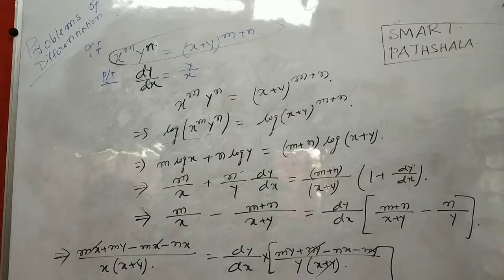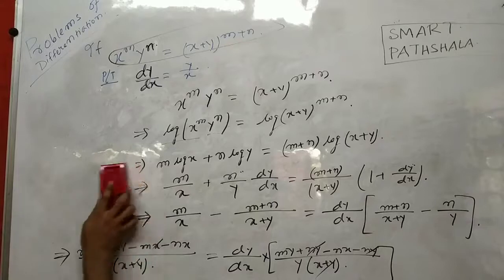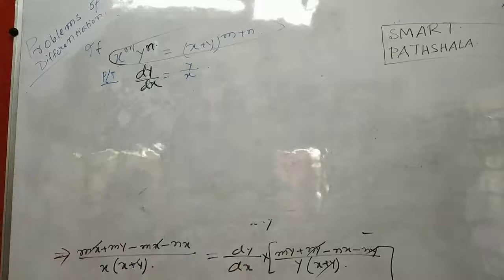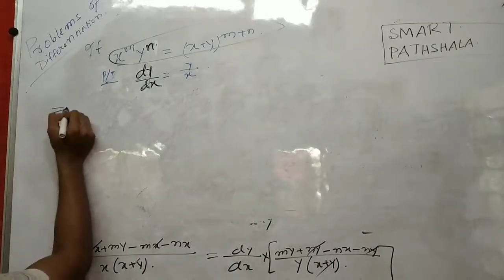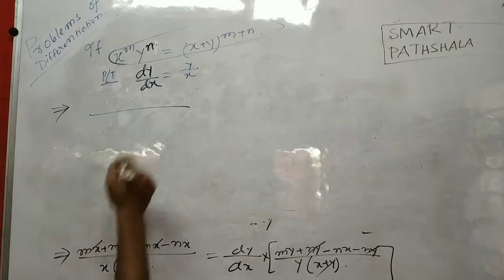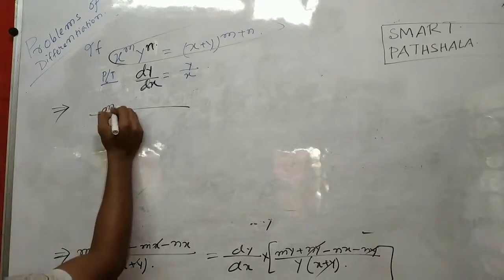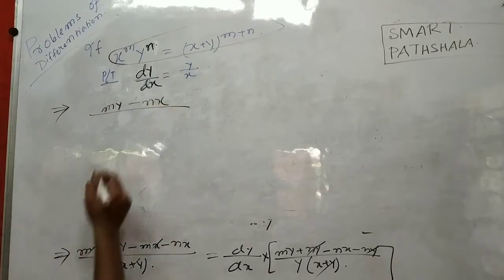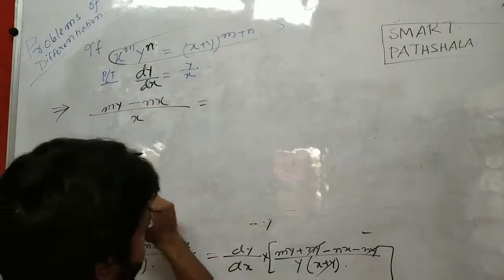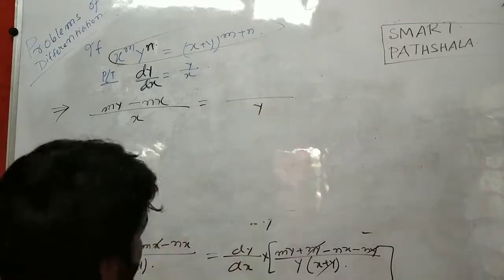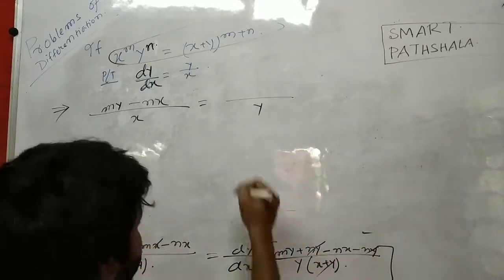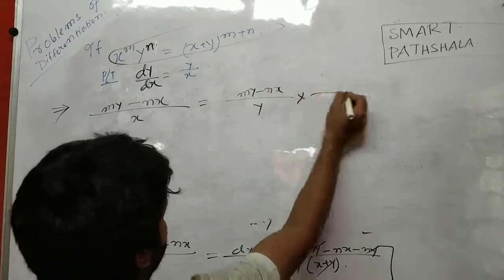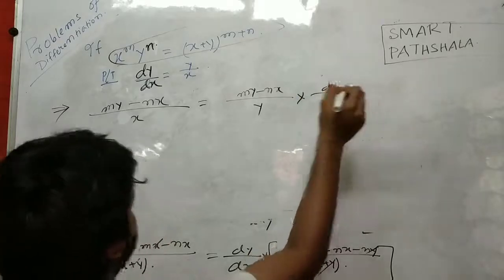So after doing so much mathematical jugglery, what we are left with is actually my minus nx, divided by x, and over here we will have y in the denominator and my minus nx in the numerator, and dy/dx on this side.